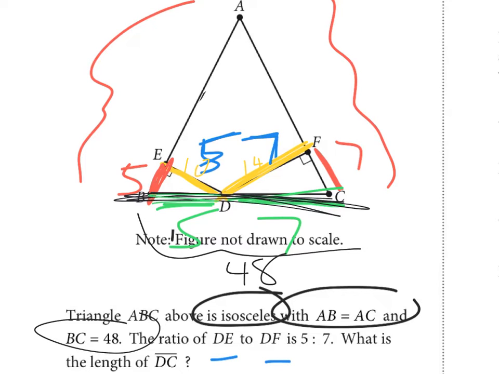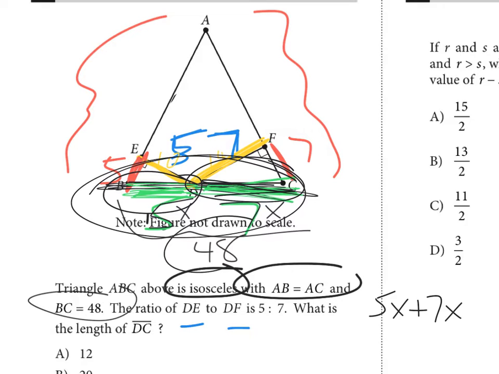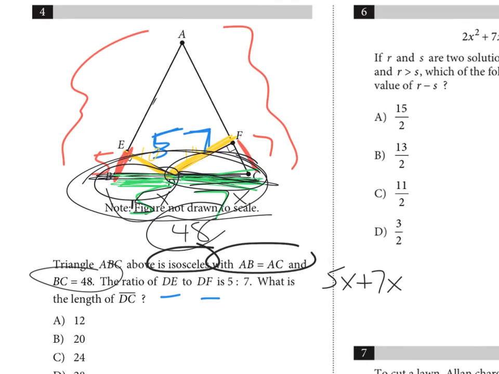Well, since I know the ratio of BD to DC is 5 to 7, I'm going to put an x at the end of each of those values. So I know that 5x plus 7x has to equal the entire bottom, or 48.